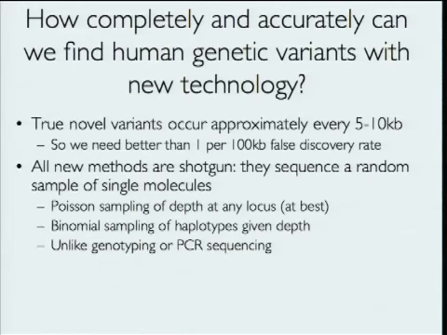And that means if you sequence 3 gigabases, you won't get 1 copy of each of the 3 gigabases. It's a Poisson-type process. You get Poisson sampling of depth at any locus. And that's at best. If there's any bias, so that some areas are more sequenceable than others for some reason, then we'll get even worse dispersion than Poisson.